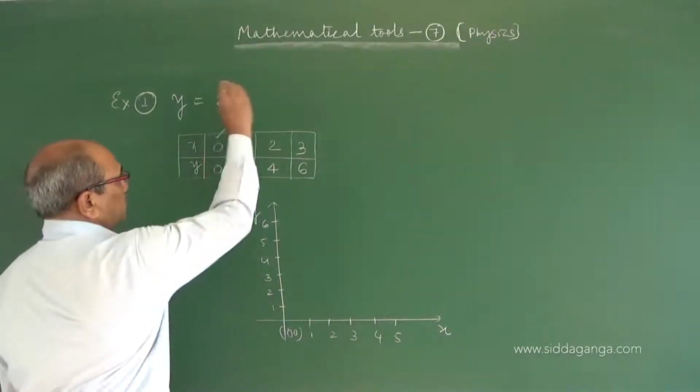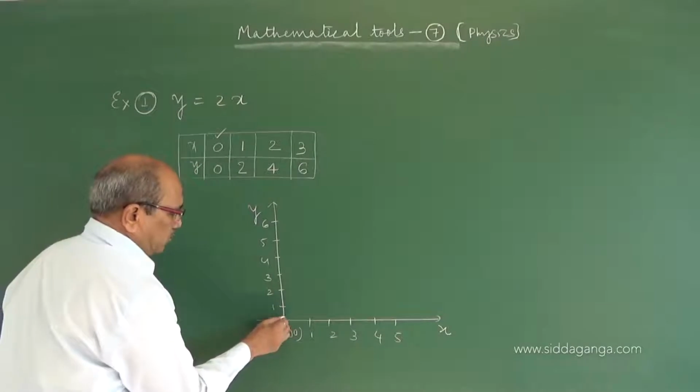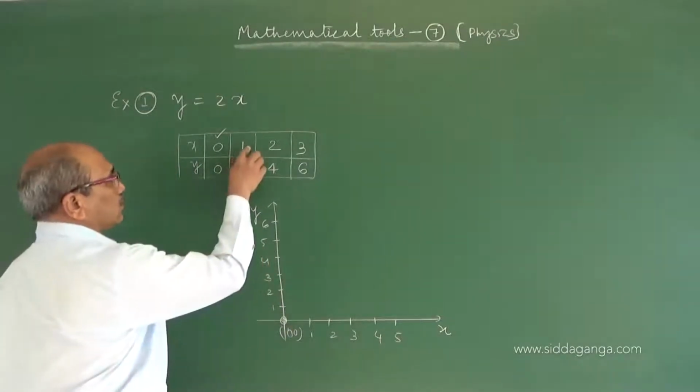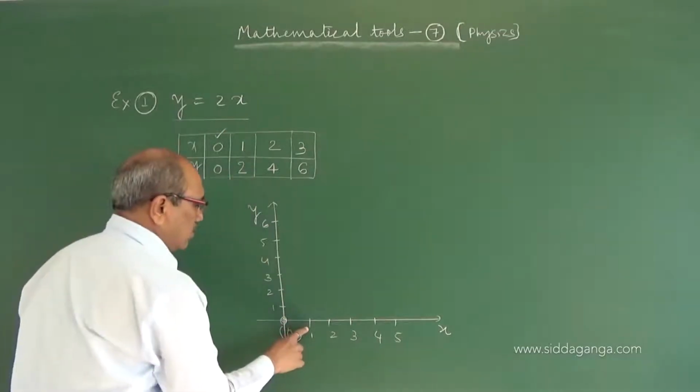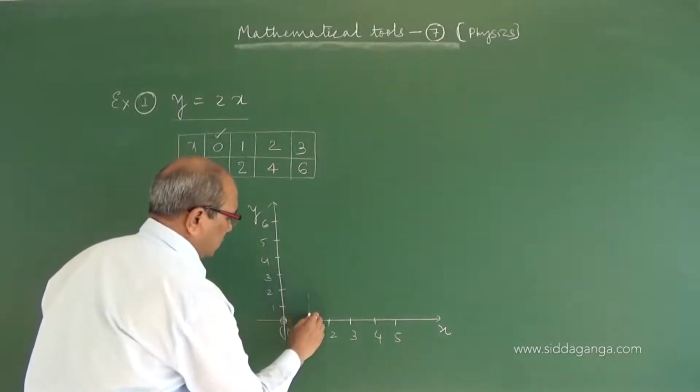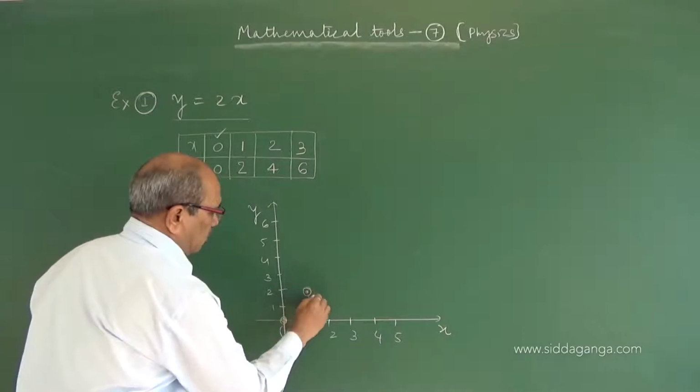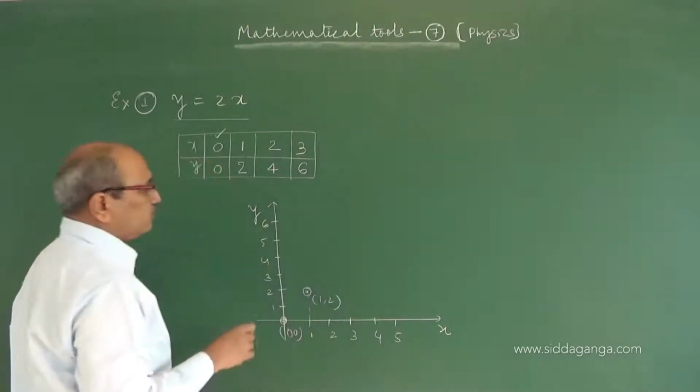Now take the first coordinate, 0, 0, which is the origin. The second is 1 and 2. Since this is a linear equation, we get 1 comma 2.